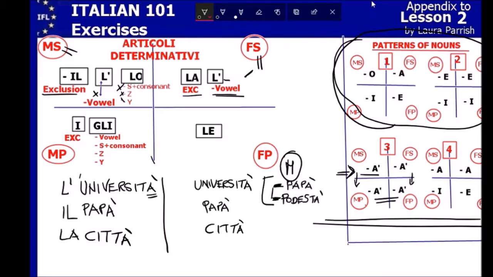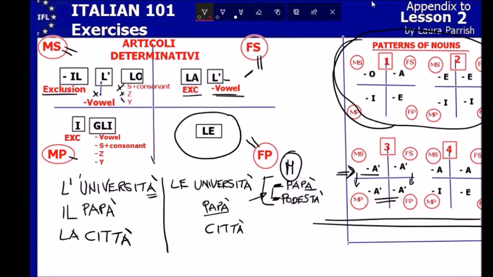Singular and plural don't change, but the article changes. So if in a context you mean instead of 1 university, 10, 100 universities, it will be feminine plural. This is the pattern of feminine plural. Feminine plural is so easy. You don't have to do any reasoning. It's always le università.